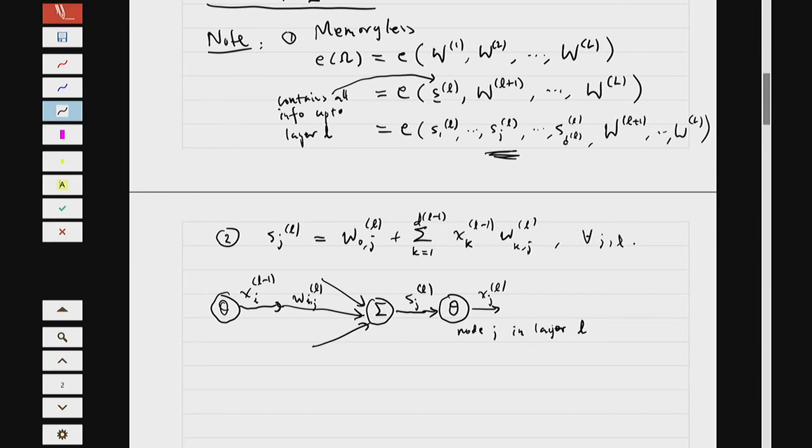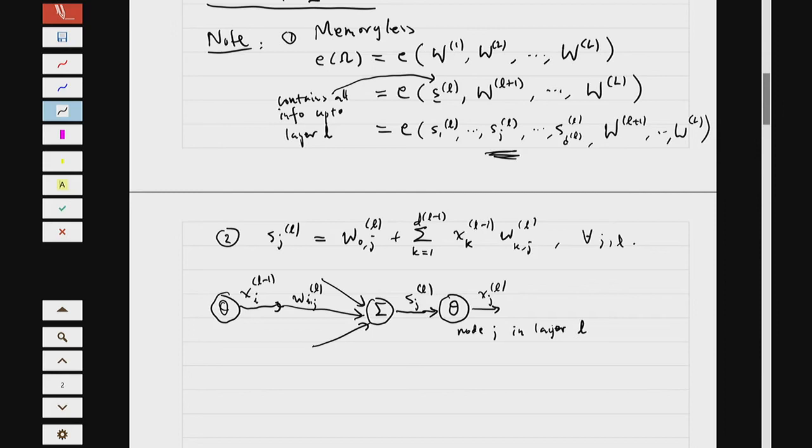You just keep going forward, you can get to the error, yeah? So you think I want to find the derivative of the error, that function there with respect to this guy, then we can view this E of omega as a composite function of this guy, right? Composite function in the sense that the E of omega is a function of S, and then this S is a function of this W, right? Therefore, there's a differentiation rule, the chain rule of differentiation that we can use, yeah?